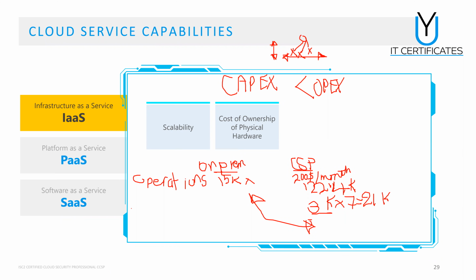We want to have security agents, security malware, firewalls, IPS, and so on. We need to have also backup and recovery services for it.